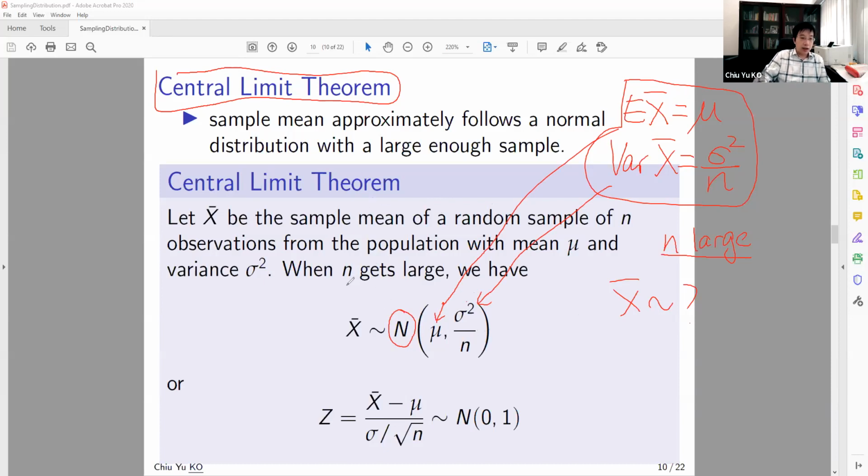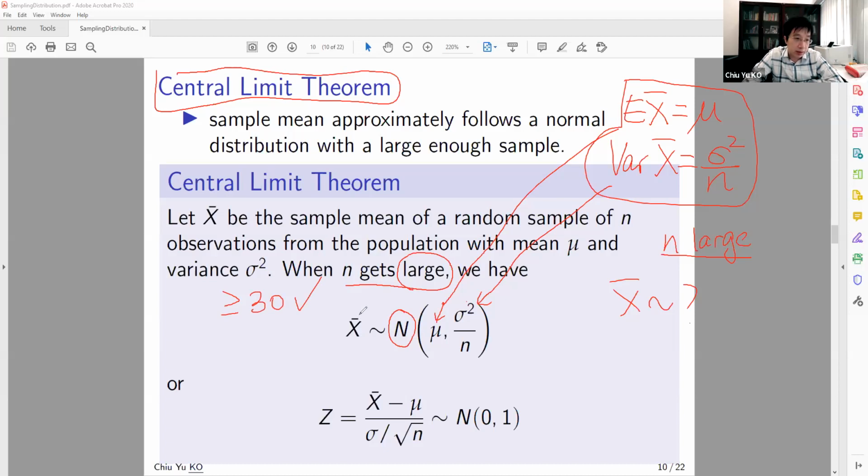And for application purposes, what do you mean by large here? Large here is when the sample size is usually more than 30, then this applies, usually we say, okay? Less than 30, then we have to be careful. More than 30 or so, it will be okay for application purposes. And what does that mean?